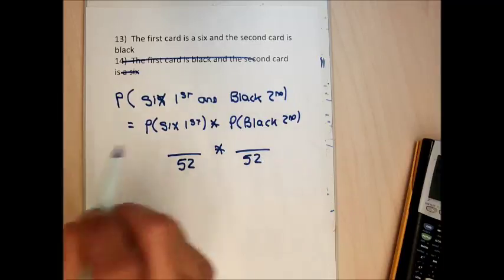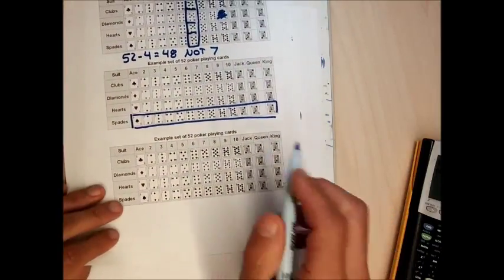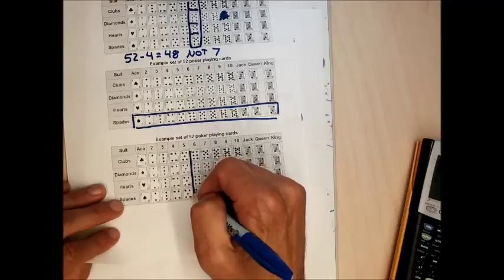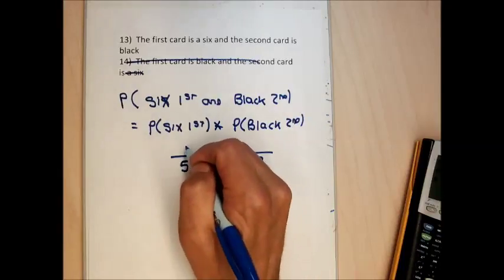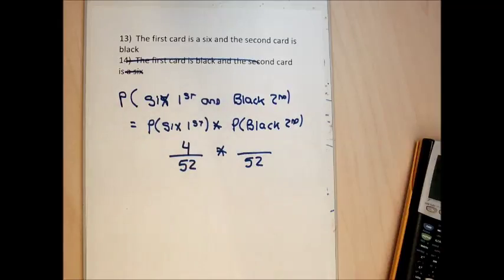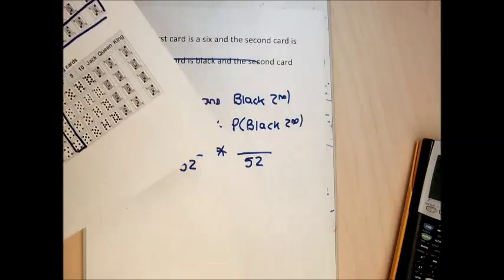When I go to do each of the numerators, I'm going to ignore the first card because it's put back in. The first numerator, the probability of getting a 6, is going to be 4 over 52 because a deck of cards has 4 6s. I'm assuming whichever 6 I pulled out, I put it back in the deck.